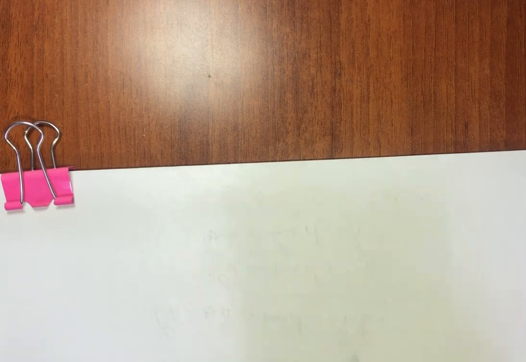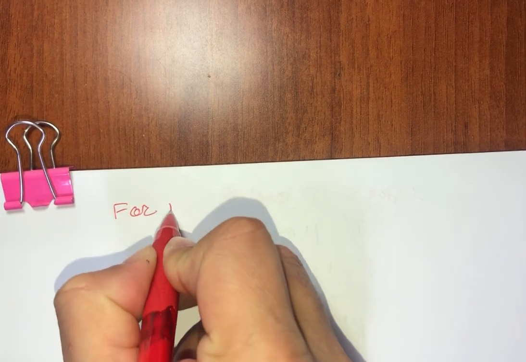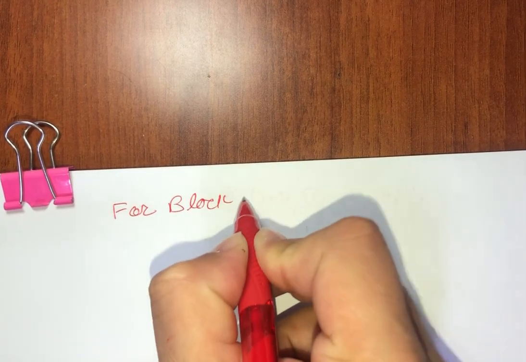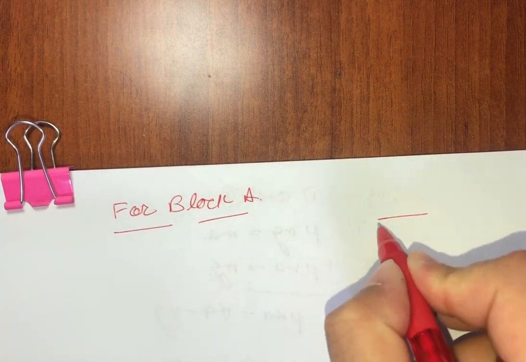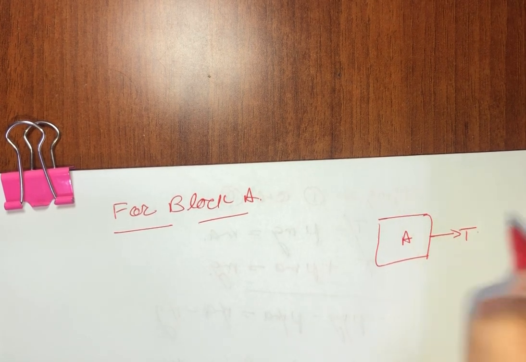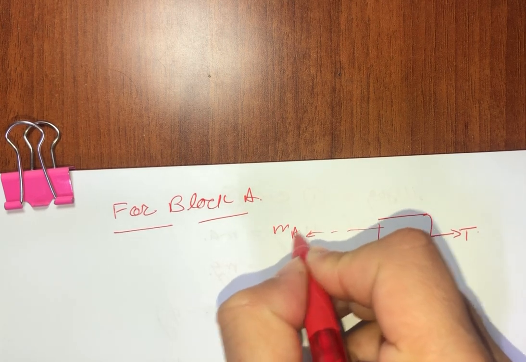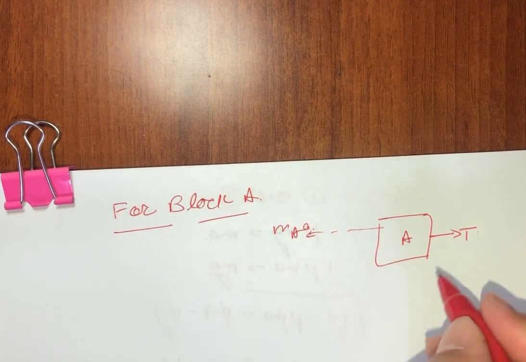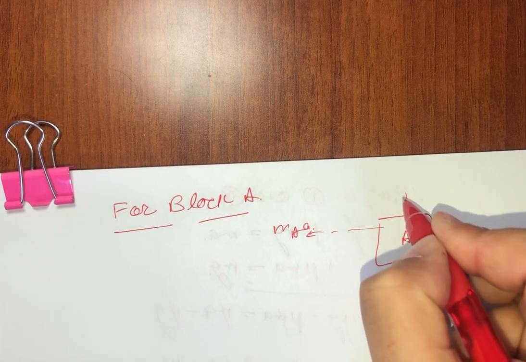Okay. So we have our block A, and now the pseudo force will be maximum. So for this block A, we have tension T, and this is our pseudo force MAA, and we have our MAG and a normal NA.